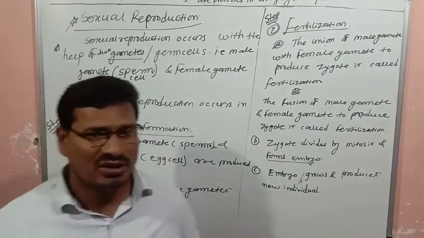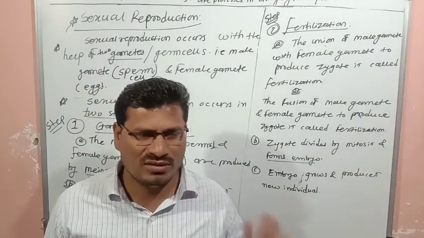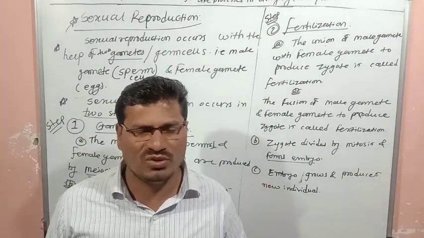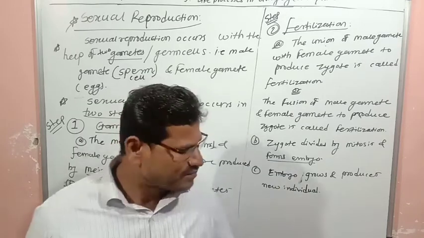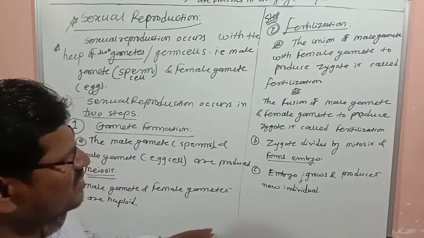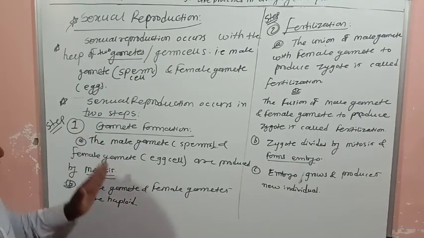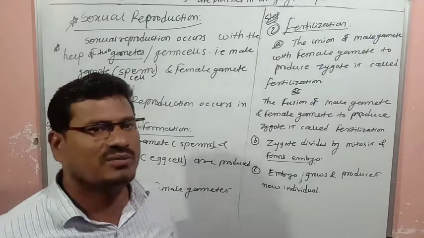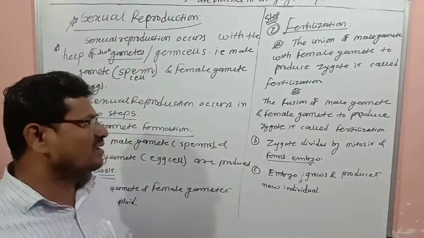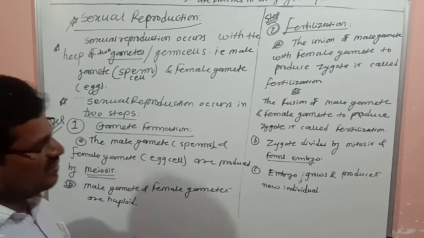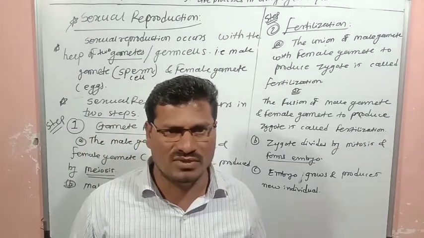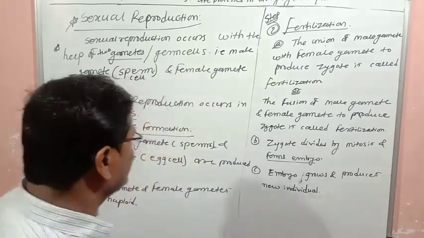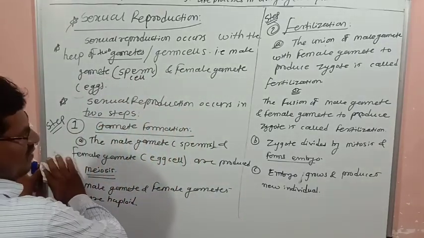So in this way, there are two steps in sexual reproduction. The first one is gamete formation, the second one is fertilization. Again, an important thing: the next important thing is the advantages of sexual reproduction.